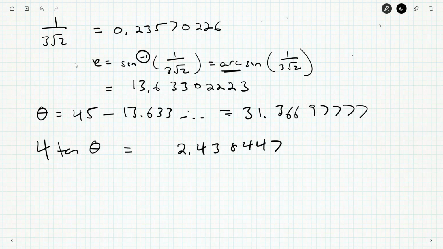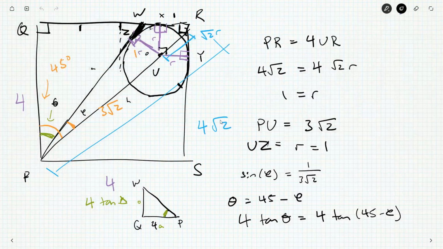Is it not 3 root 2? Or is it not 4 times this angle? Sine is opposite over hypotenuse.